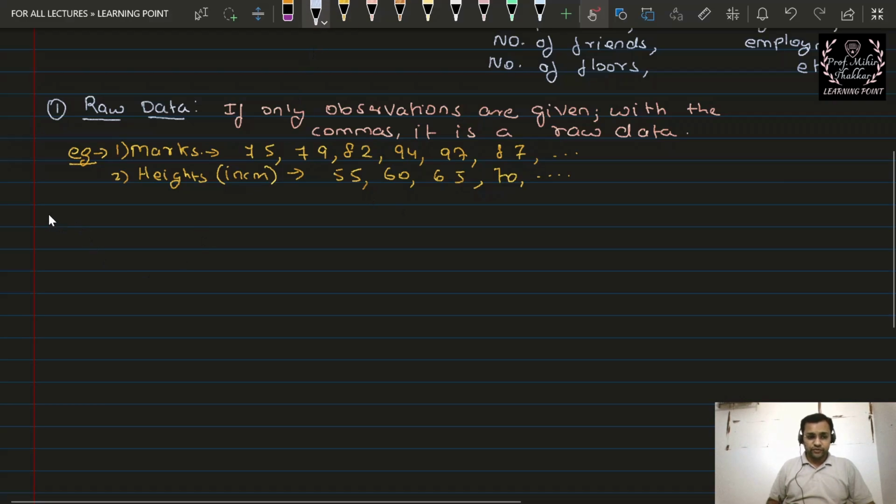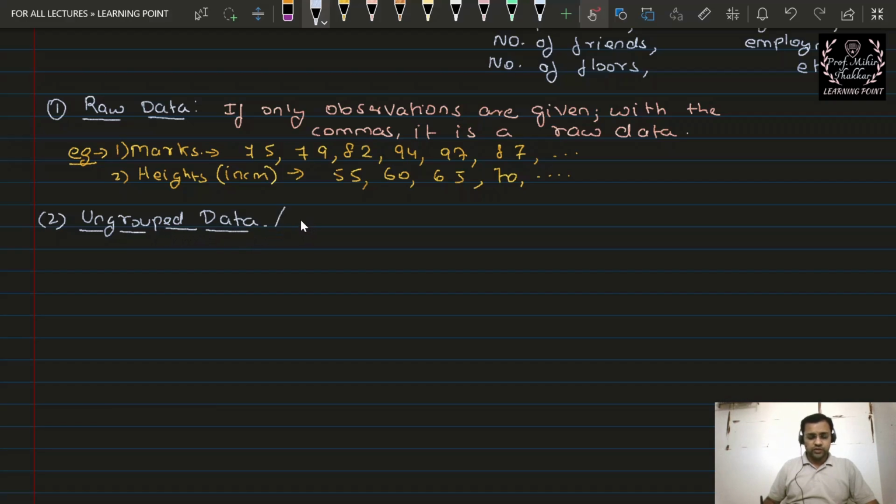The second type of data that we have over here is called as ungrouped data, or maybe you can also call it as the discrete data.